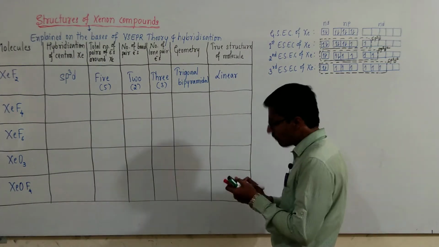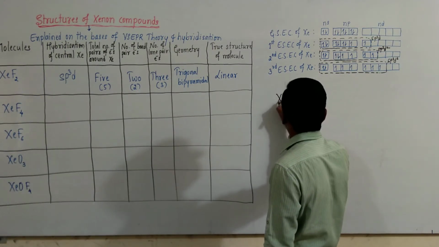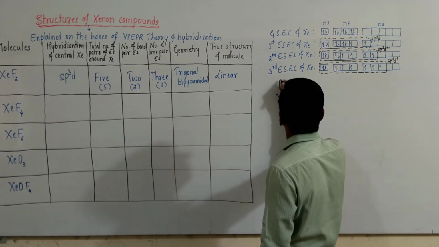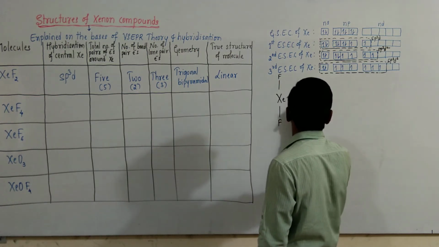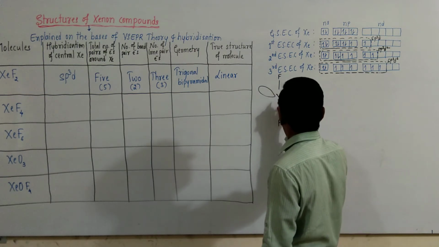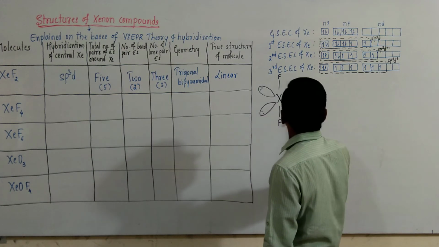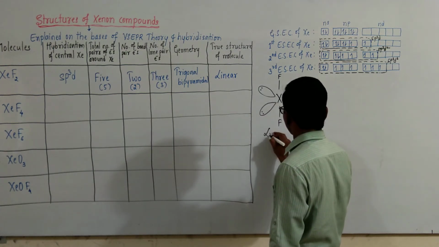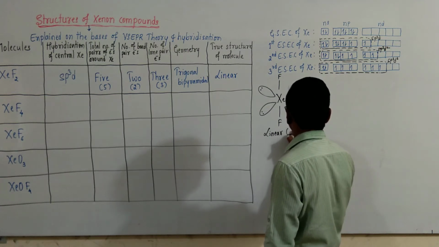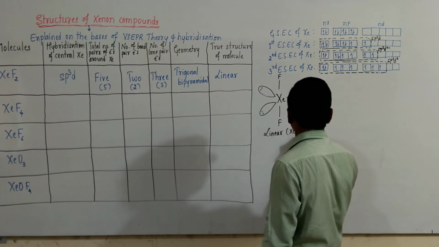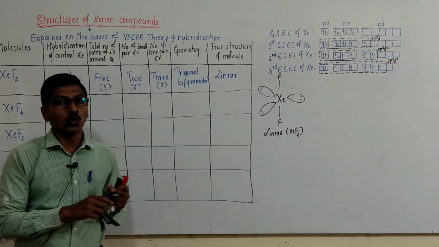The structure of xenon difluoride is F, Xe, F, this is the linear structure, this is XeF2.